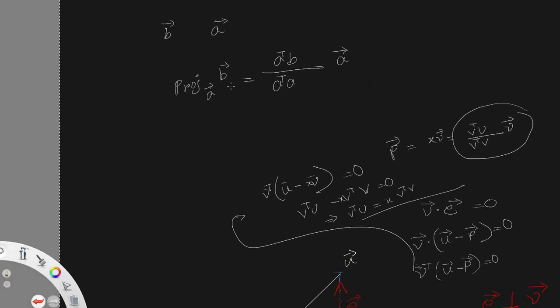So this is the formula of projecting one vector on another.